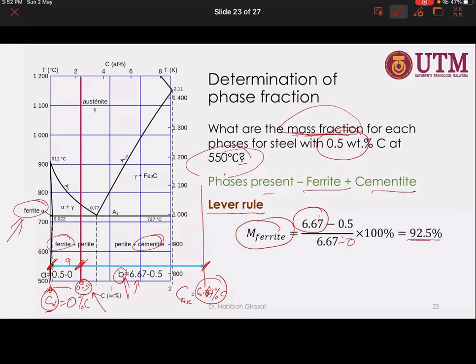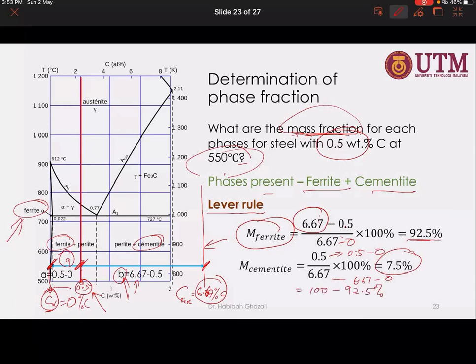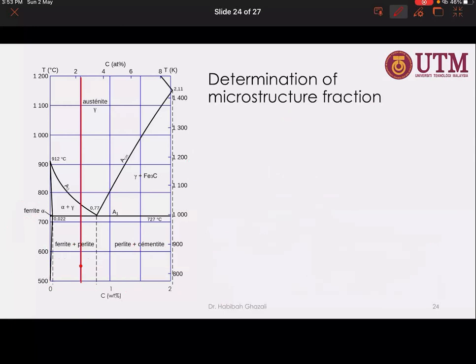So you get 92.5%. And cementite is located here. You take the opposite side, the length of A: 0.5 minus 0 over 6.67 minus 0. So you get 7.5%, or you can calculate it as 100% minus 92.5%, which is 7.5%.